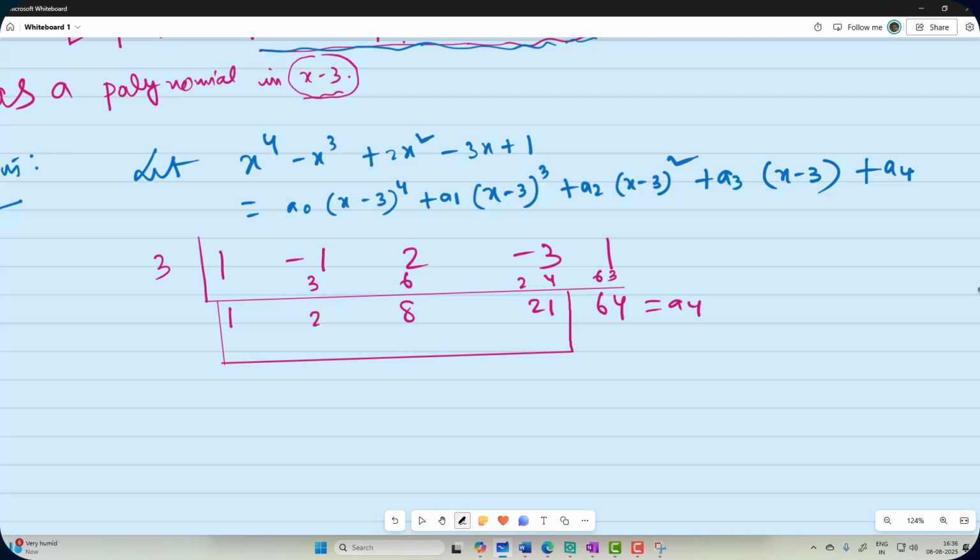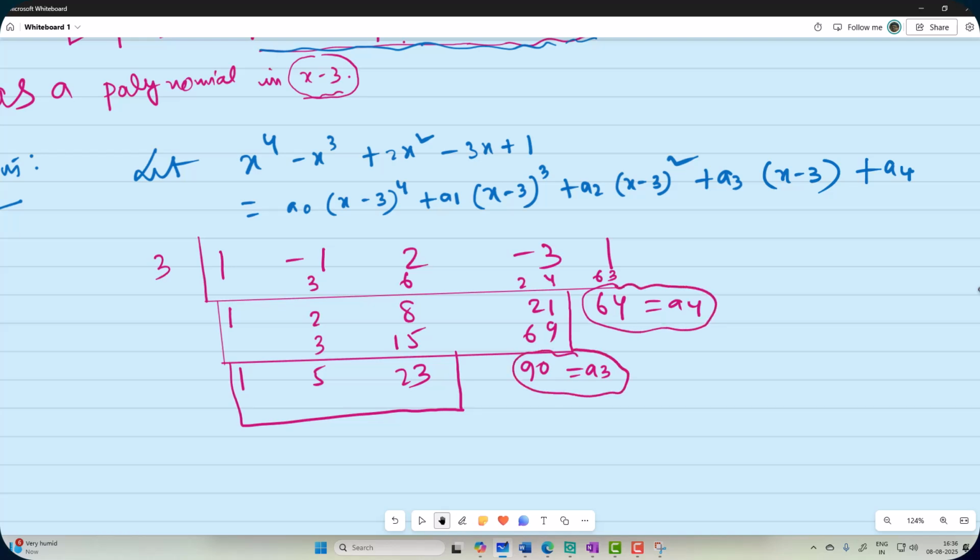Again apply the method here for this polynomial, whose coefficients are 1, 2, 8 and 21. First you take 1 down. 3 into 1 is 3. 3 plus 2, 5. 3 into 5, 15. 15 plus 8, 23. 3 into 23 is 69. This is going to be 90. Okay? Now what? This 90 stands for A3. This was A4 and we got A3.